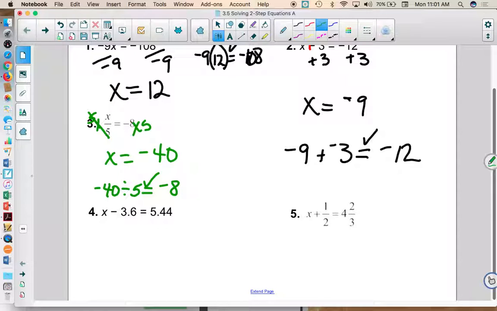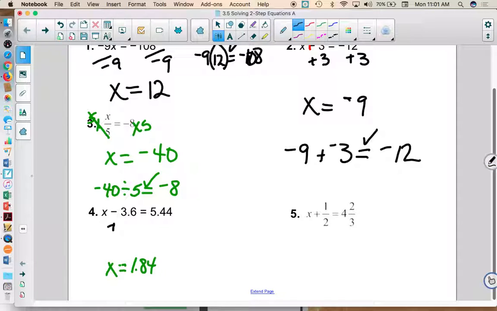What about number 4? Somebody tell me. Raise your hand. What about number 4? X equals what? Caden. X equals 1.84. How do you know that, Caden? You add 3.6 to both sides.